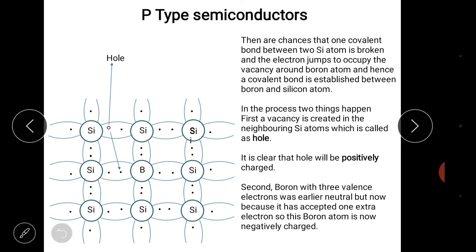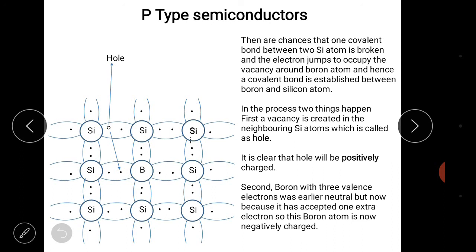Then there are chances that one covalent bond between two silicon atoms is broken and the electron jumps to occupy the vacancy around the boron atom, and hence a covalent bond is established between boron and silicon atom. In this process, two things happen.